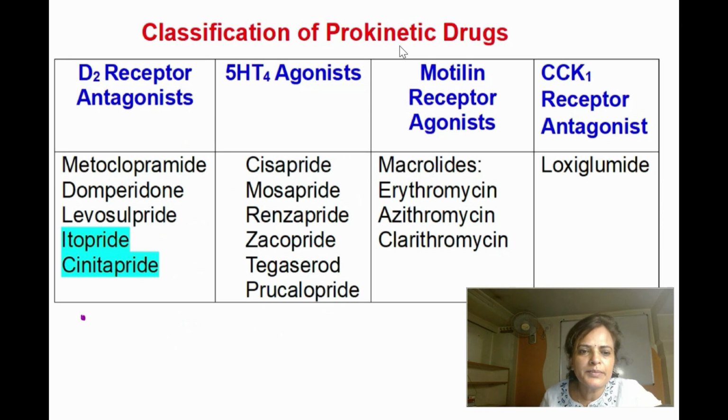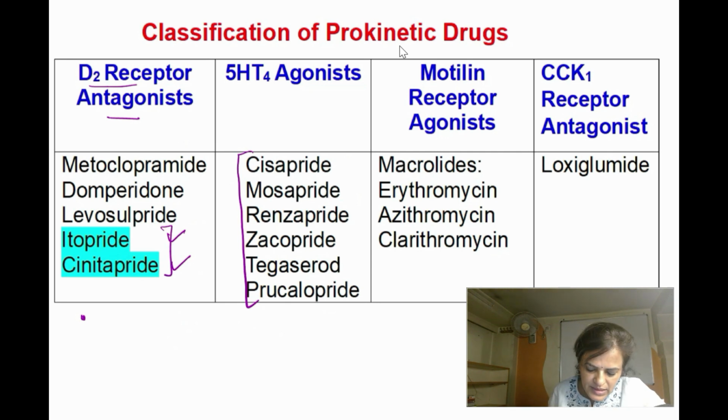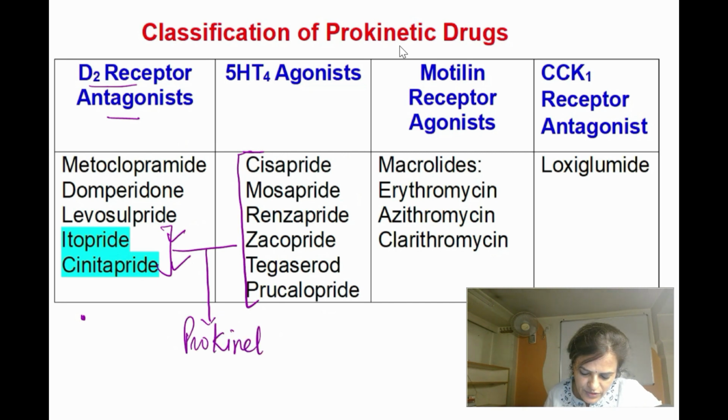Now the next D2 receptor antagonists are itopride and cinitapride. Both of them are benzamide derivatives. They are D2 receptor antagonists, but chemically they resemble the 5-HT4 agonists. Another similarity between these two and the 5-HT4 agonists is that they are purely prokinetic drugs.